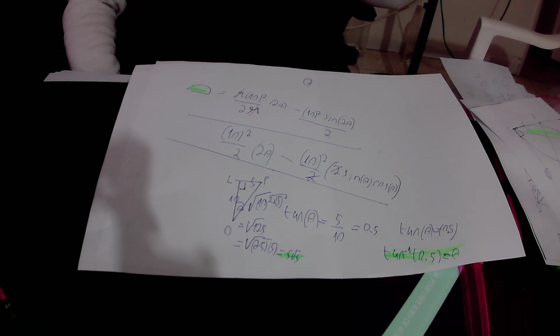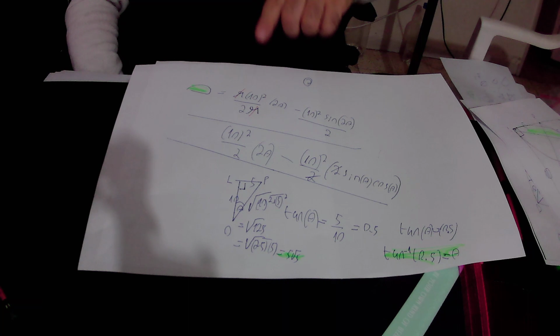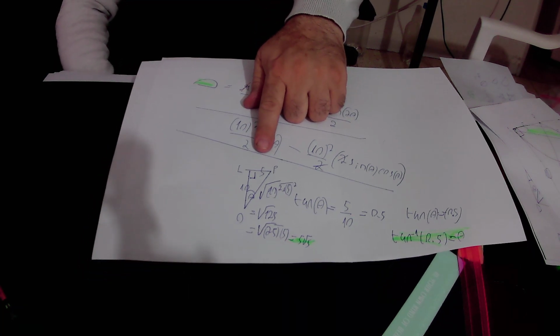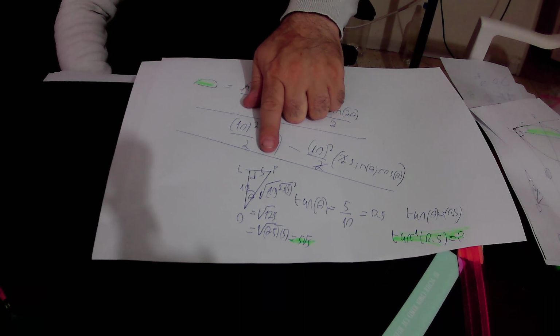Okay, and then we implemented the Pythagoras theorem on this right triangle, and found out that the square of the hypotenuse equals 5 square plus 10 square. That is 125.